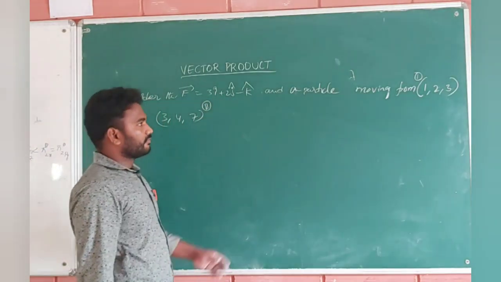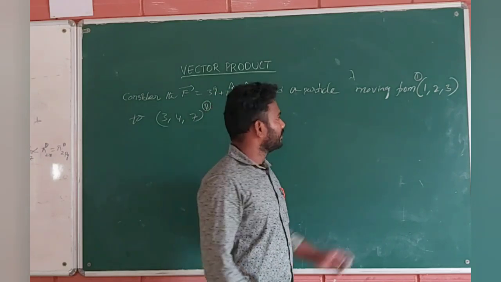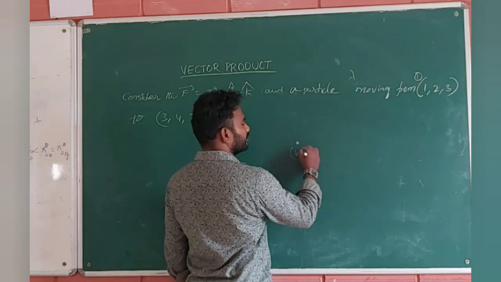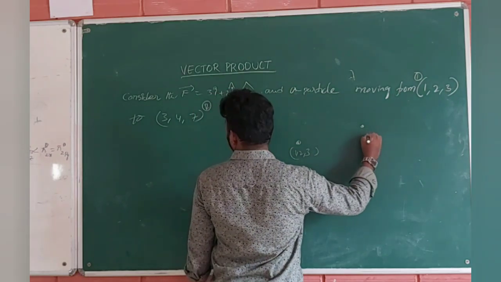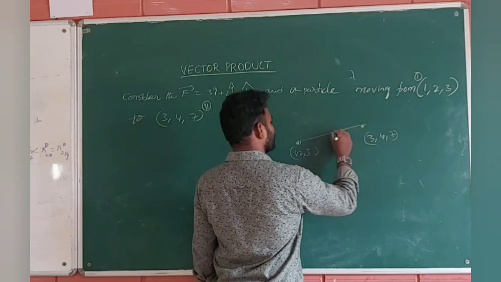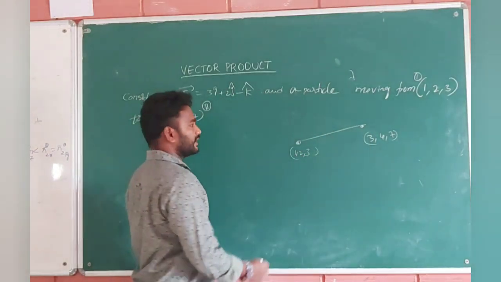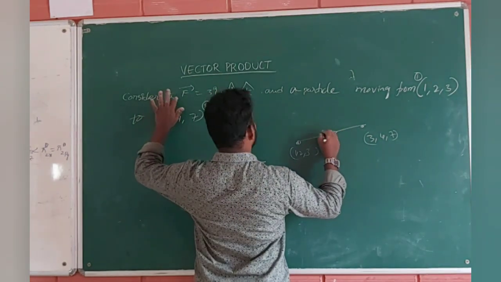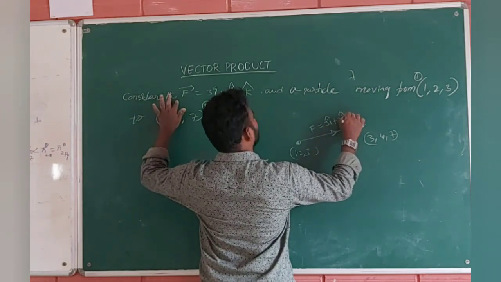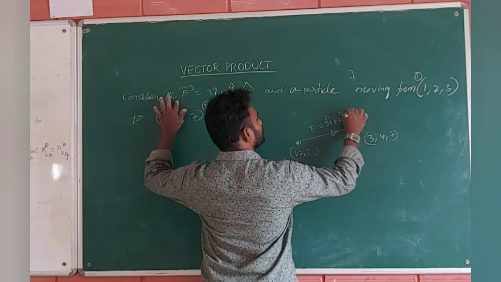From where to where the particle is moving? Let me consider the particle is at 1, 2, 3, moving three-dimensionally. This particle is at 3, 4, 7. From here to here the particle is moving. What is the force utilized in this? The given force 3 I cap plus 2 J cap minus K cap is the force.